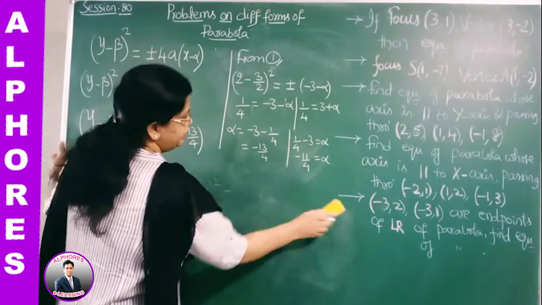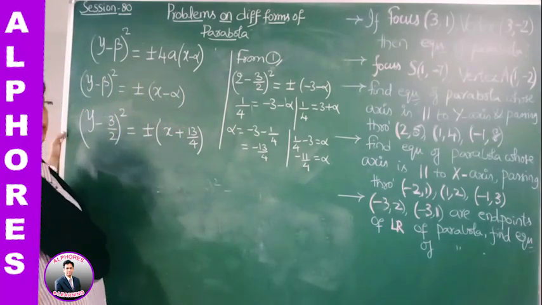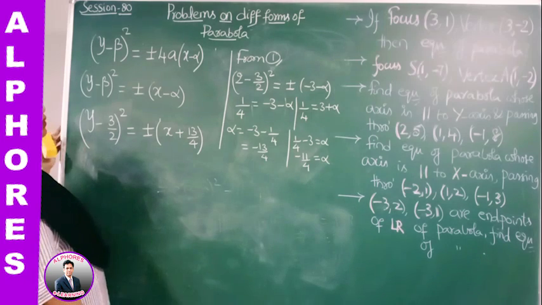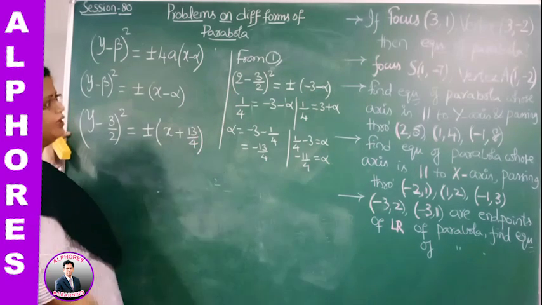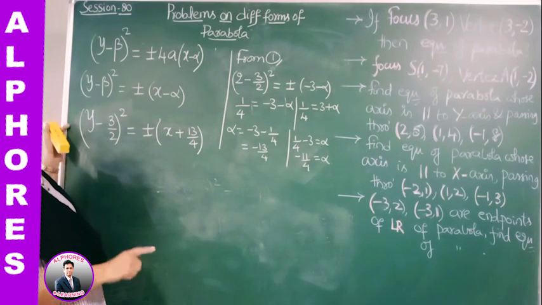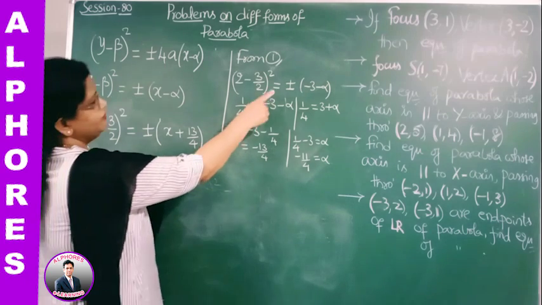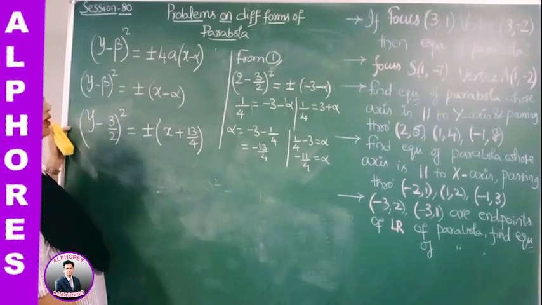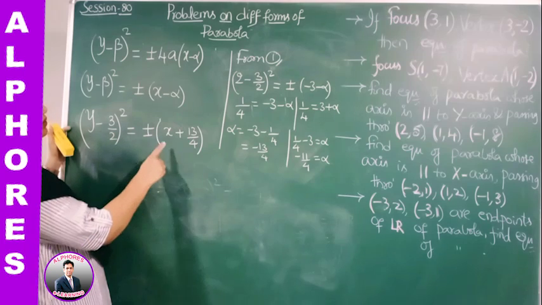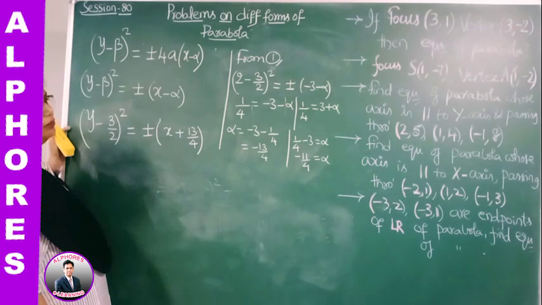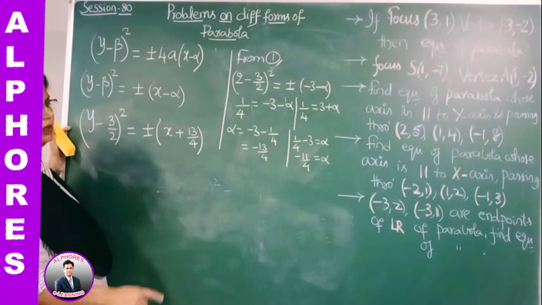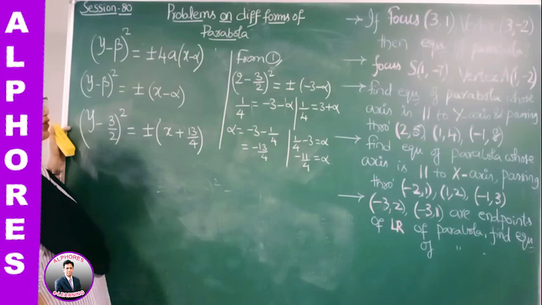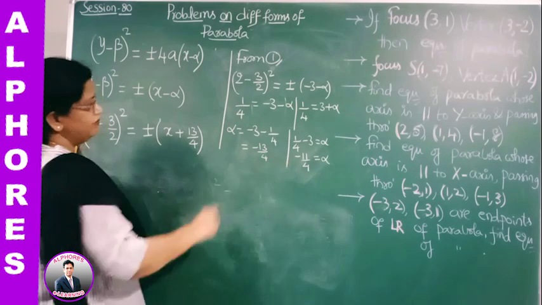The other value you are substituting is minus 11 by 4. Now in these cases, which value have we taken while simplifying? Minus value, isn't it? While simplifying we have taken the minus value, therefore we need to substitute x plus 13 by 4, and in the other case it is the next value, that is minus 11 by 4.